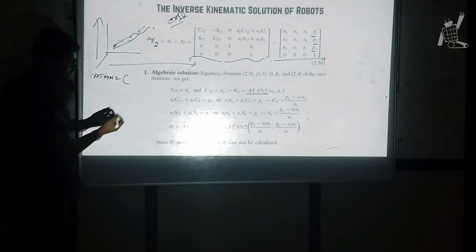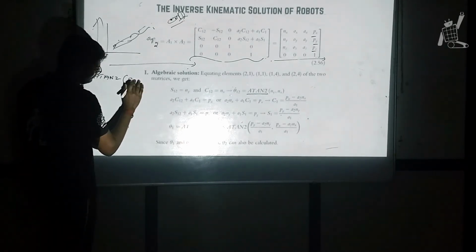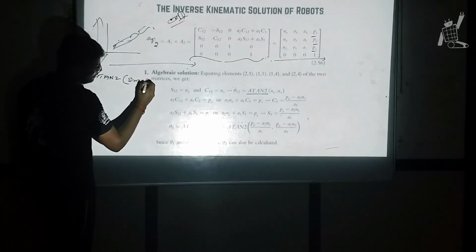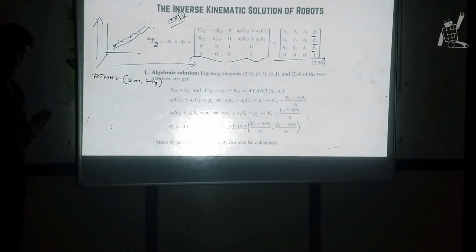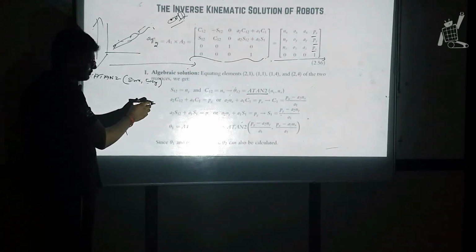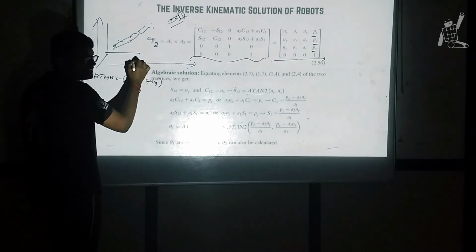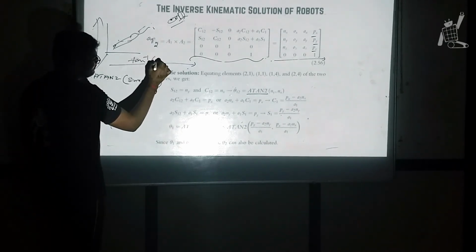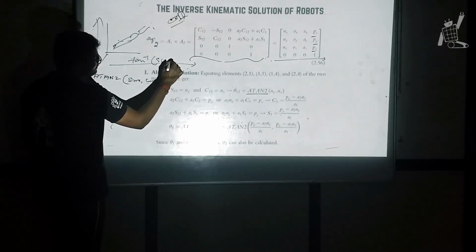Inside the atan2 function, you need sin x and cos x. Only that much is required. Atan2 is similar to the tan inverse function, so tan inverse of sin by cos, that is, sin theta by cos theta.